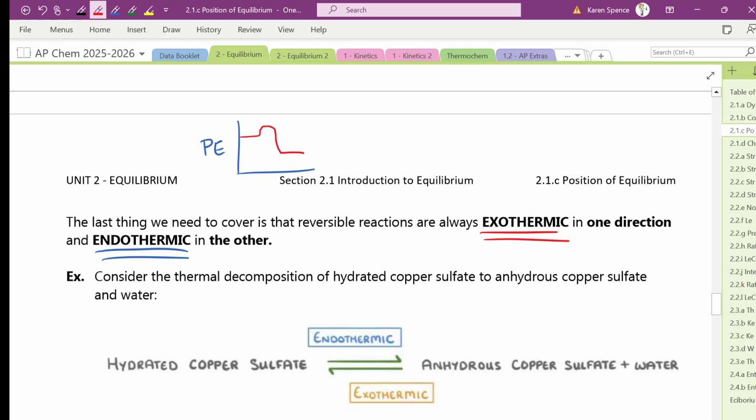Okay? Do you remember last year we did a lab with hydrated copper sulfate? This is called a hydrate. See if you can remind your neighbor what a hydrate is.